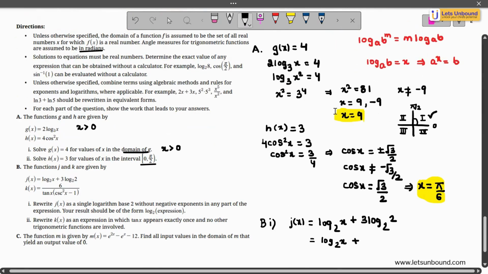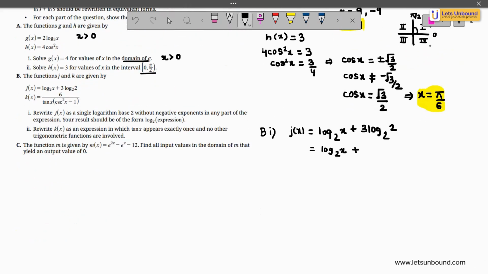So this is the log rule that we're using: m log base a of b is log base a of b to the power m. So here it will be log base 2 of 2 cubed. Now I know 2 cubed is 8, so this will be 8 here.